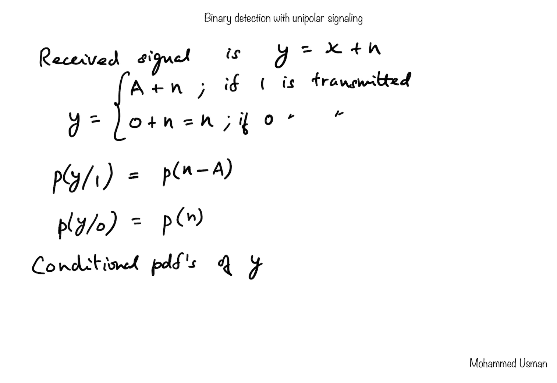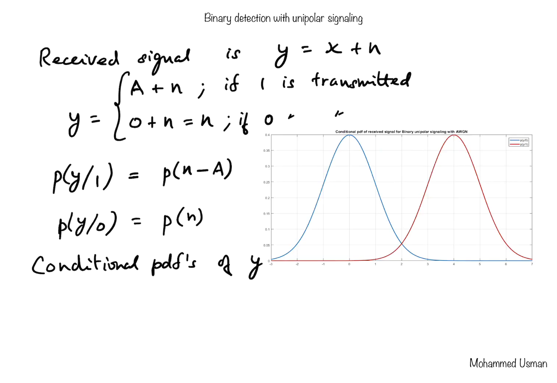Let us depict those PDFs graphically. So here we have the conditional PDF of the received signal when 0 is transmitted, which is given by the blue PDF. When 0 is transmitted, it is the same as the noise PDF centered on 0, because we have added 0 volt to it, so nothing changes.